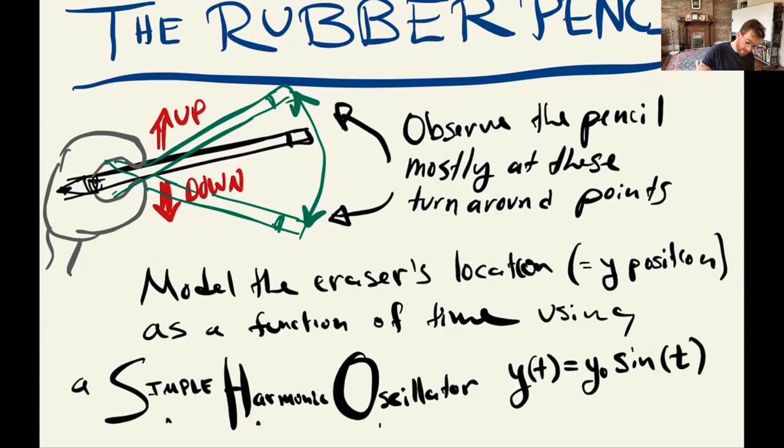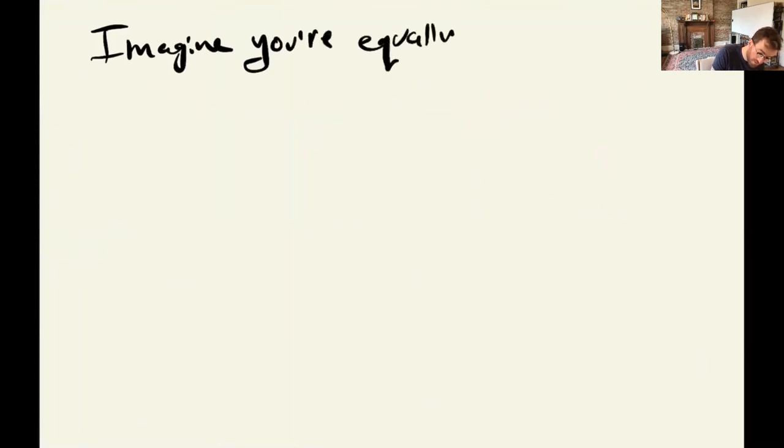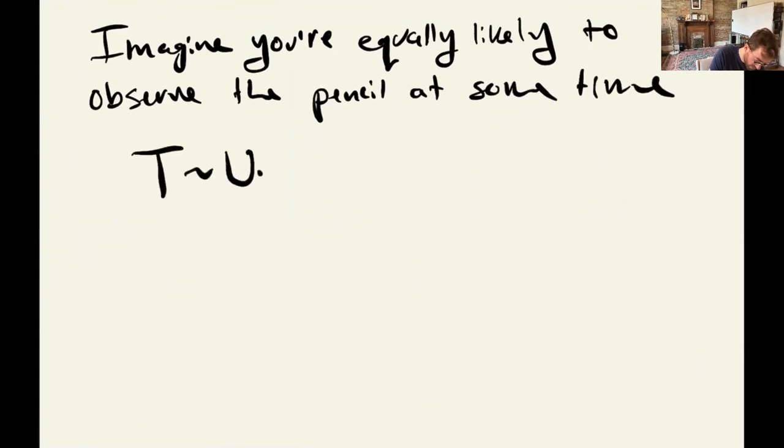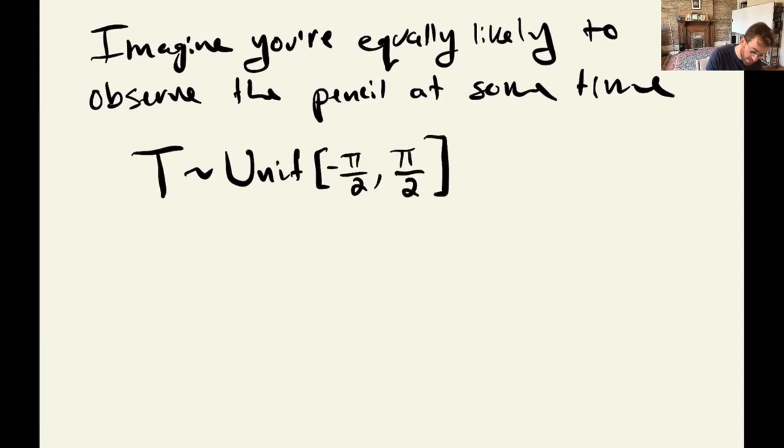So imagine you're equally likely to observe the pencil at some time t, which is, say, uniformly distributed, and just for the sake of making the math simple here, I'm just going to say we set time to be at 0.0, which is sort of proportional to the angle.